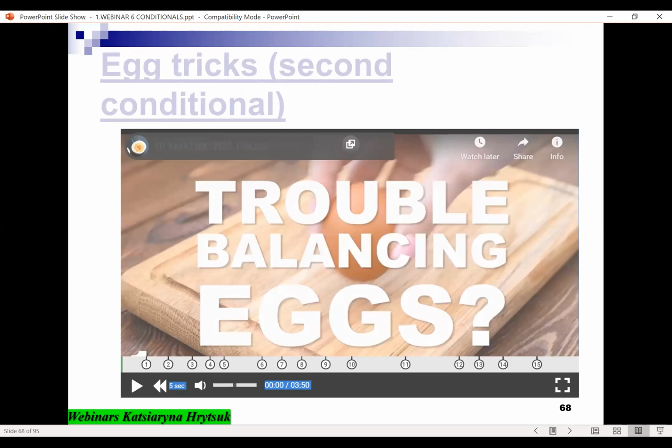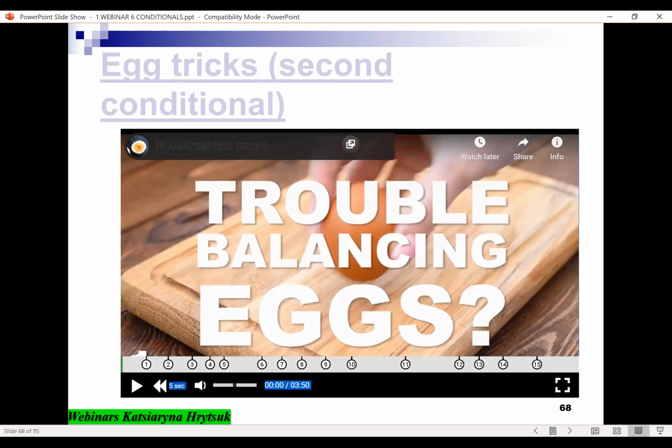Now we're going to talk about some interesting egg tricks. What is this? We will see. So I found this video. It's nice because we will practice the second conditional. I'm going to share another screen with you.